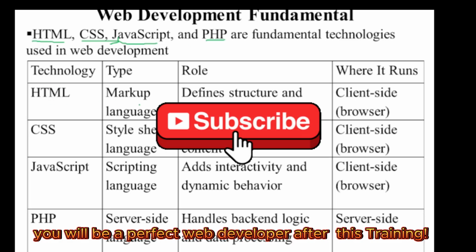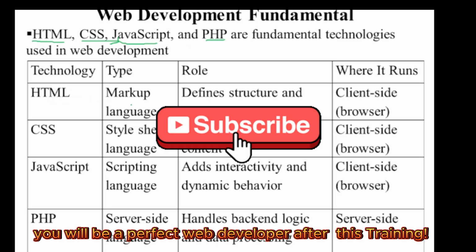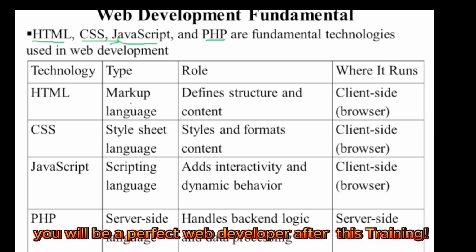So let's describe here. HTML means hypertext markup language. The role of this HTML is to define the structure and contents of your web page. It belongs to client-side scripting language. That means it will run on the browser.